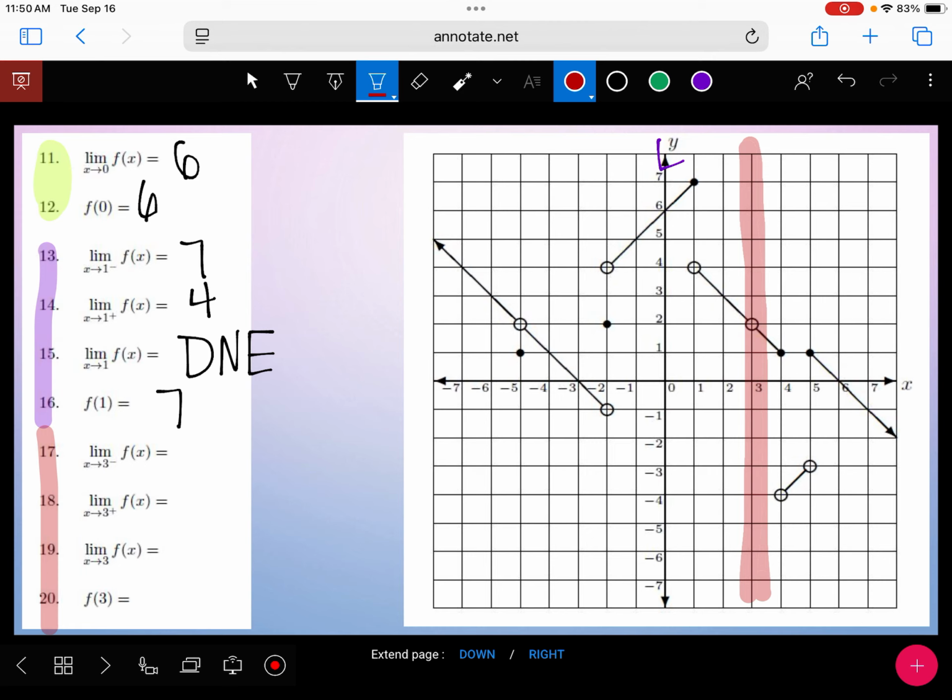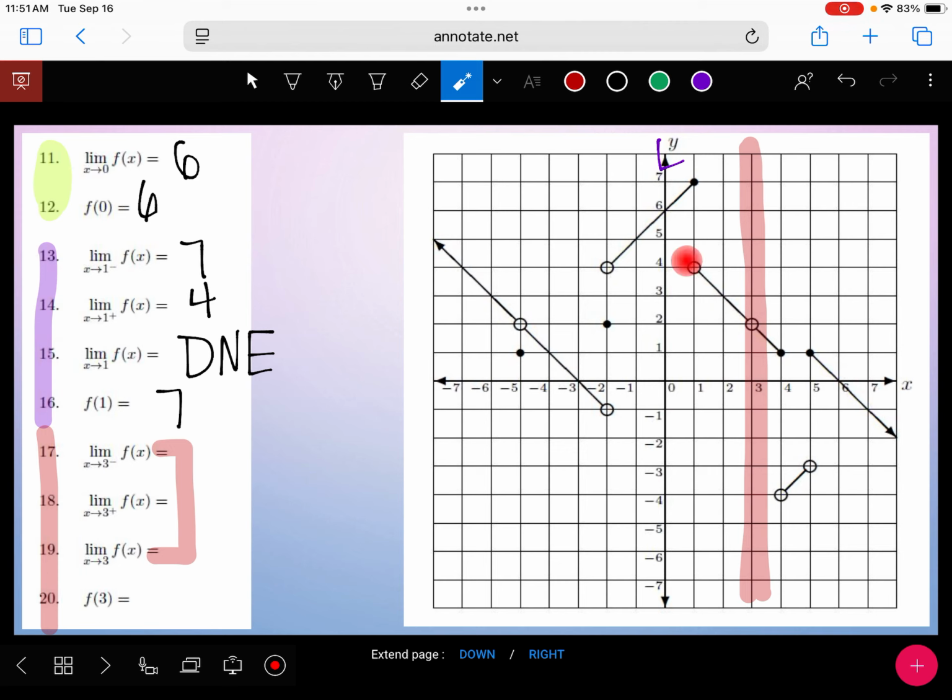Okay, on that pink wall, what kind of discontinuity do we have on the pink wall? Removable. Who agrees that it's removable? So whenever you have a removable, removables do have a limit. All 3 of these should have the same answer. 17, 18, and 19 are all the same.